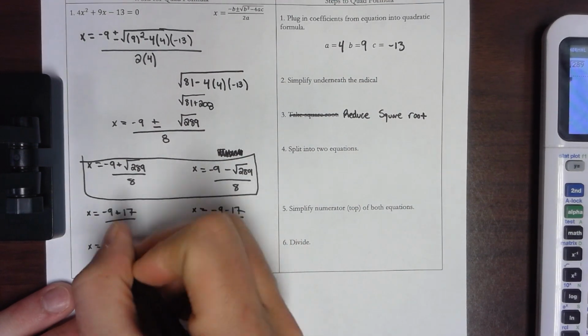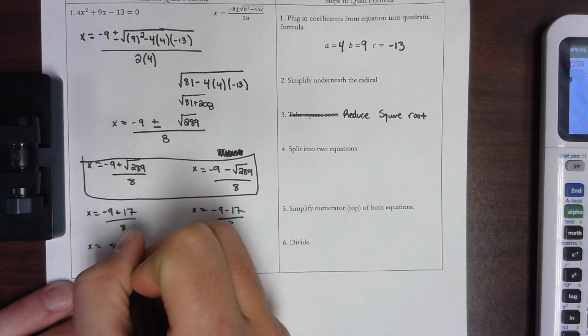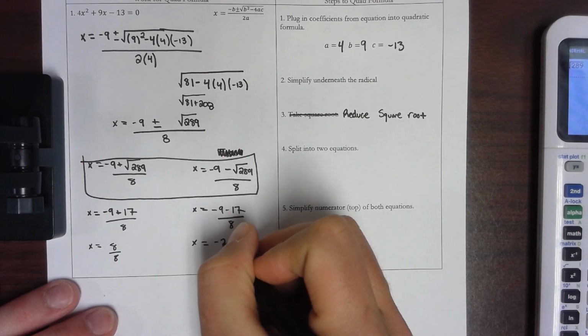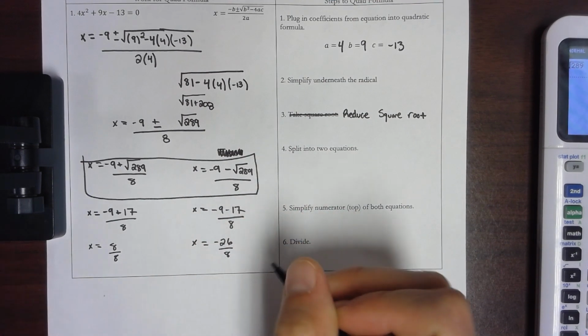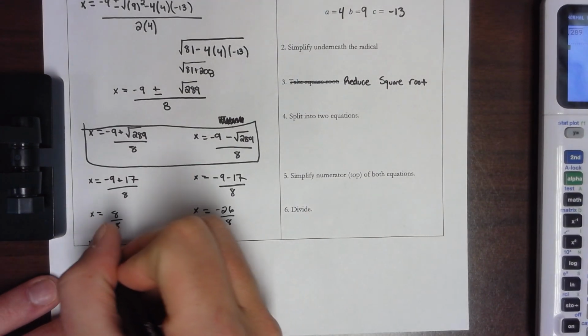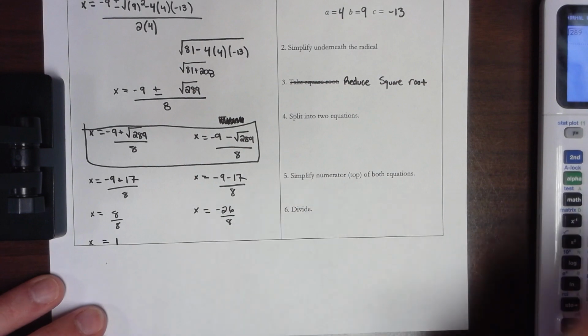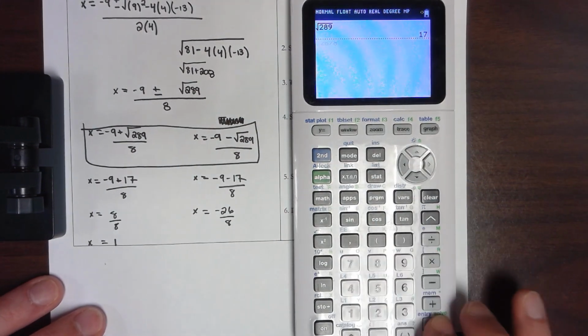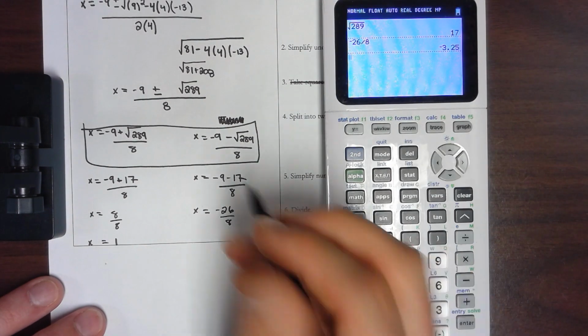So -9 plus 17, that's 8, giving us 8 divided by 8. And then -9 minus 17 is -26, and that needs to get divided by 8. And so then 8 divided by 8, that's 1. And then -26 divided by 8, let's see what that is, -3.25.